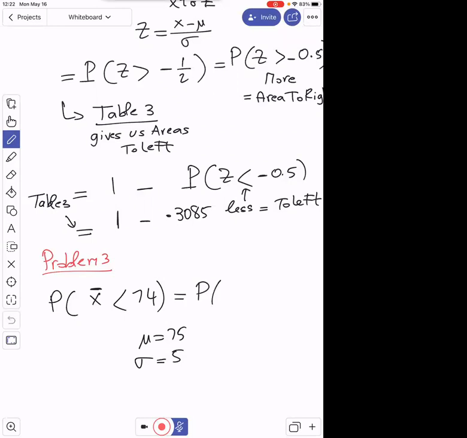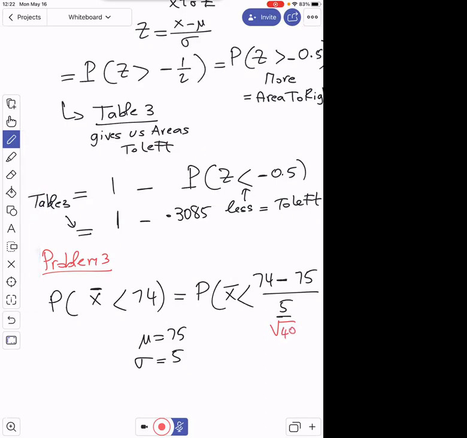So when you convert this X bar, it will be 74 minus mu, which is 75, but then you need to divide this sigma, this 5, by the square root of n. n is the size of the sample. Here we have 40 cars, so the size of our sample is 40. So we have to divide by the square root of 40.